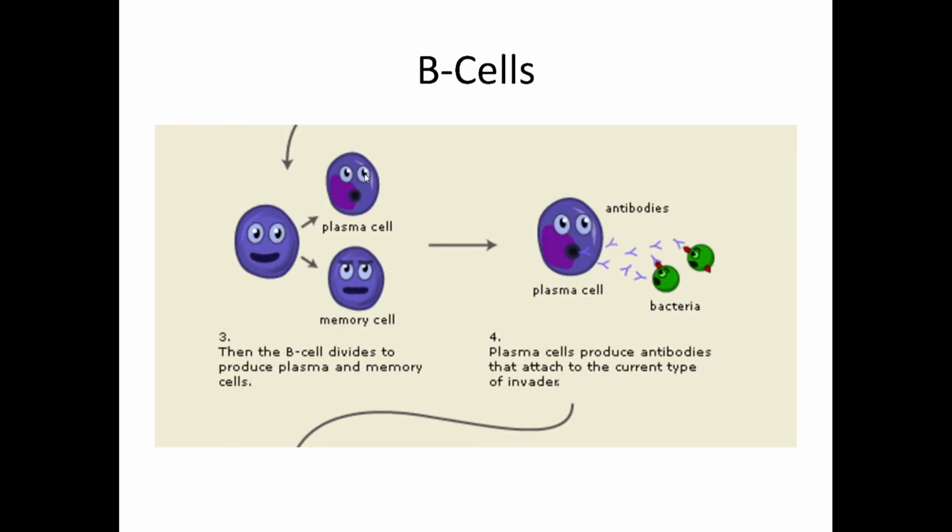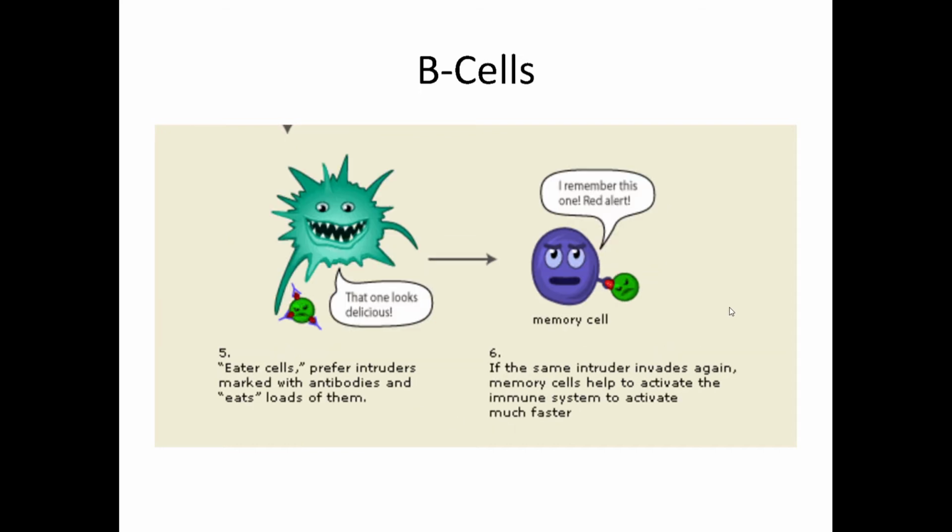Then the B cell will divide to produce plasma B cells and memory B cells. Plasma B cells produce antibodies. So those antibodies bind to this particular antigen. So these antibodies start going out. We'll talk more about what exactly that is, but they're proteins that are going to bind to this antigen. Our phagocytes then prefer intruders that are marked with antibodies.